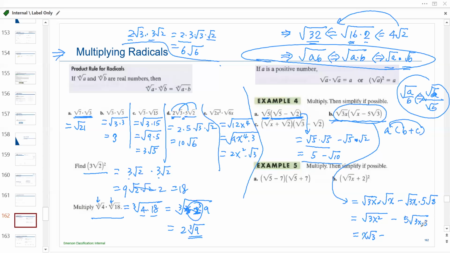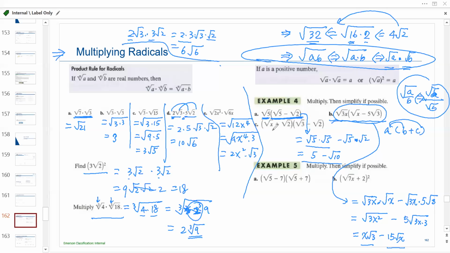This is 9, can take it out, 3 times 3, 9, square root became 3. 3 times 5, you can go 15 square root x. So that's it. They cannot be further combined, right? They are not like terms. You can see under the radical here is square root 3, and here under the radical is square root x. They are not like terms, so they cannot be further combined. So that's it. Just keep it as it is.